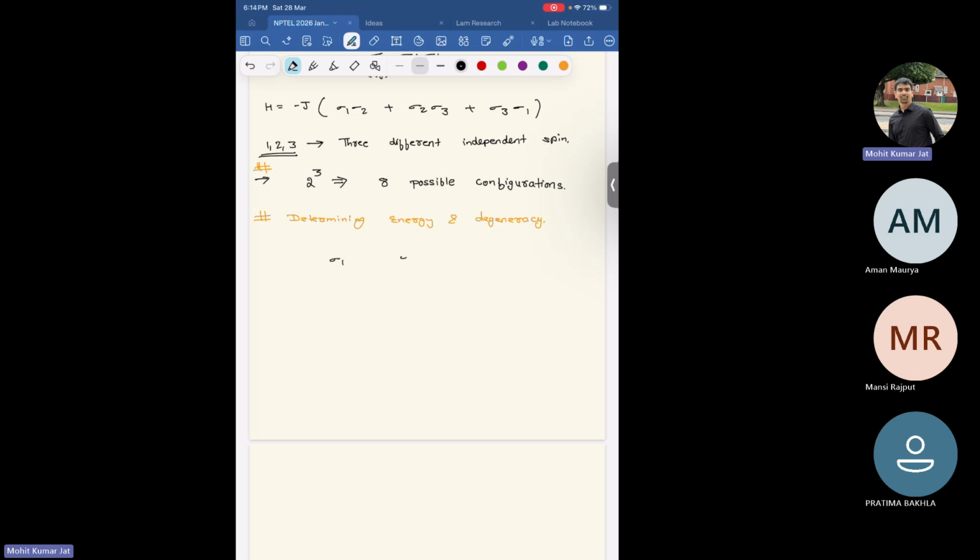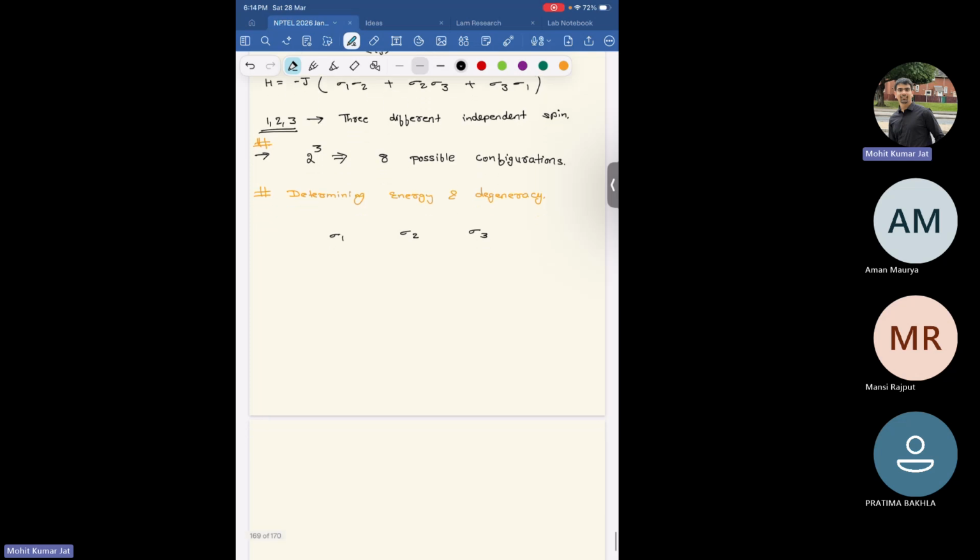This is sigma 1, this is sigma 2 and this is sigma 3, and on the right I will write the energy, and this will be the states. So let me write it: state 1, in which sigma 1 is 1, sigma 2 is 1, sigma 3 is also 1. Now the second state, sigma 1 is minus 1, sigma 2 is minus 1, and sigma 3 is minus 1.